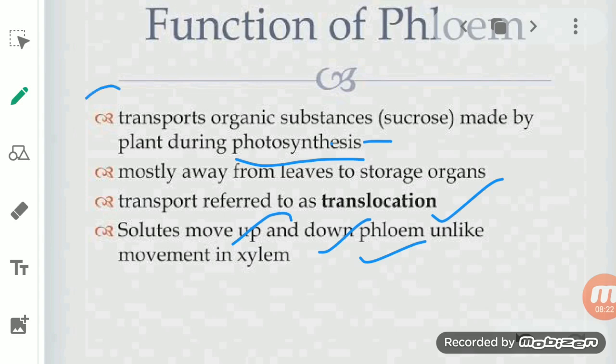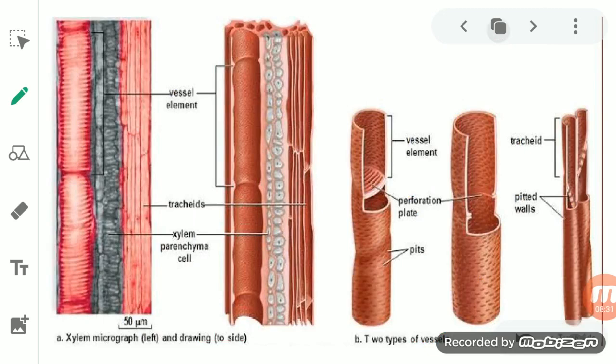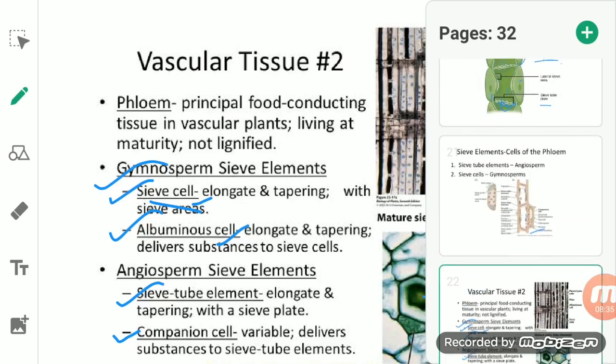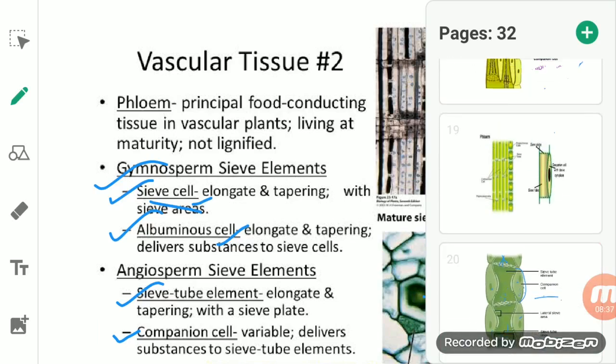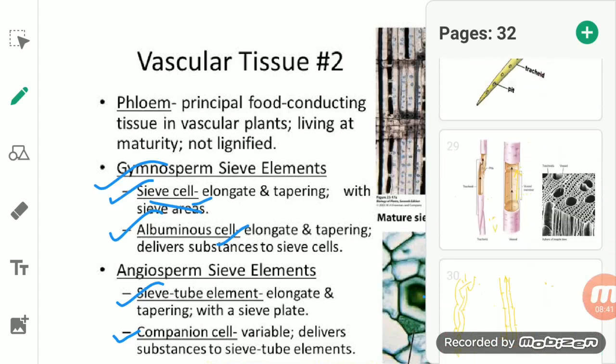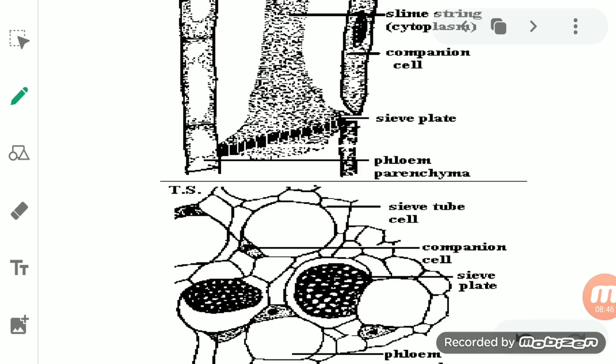Okay, so these are some of the important functions of the phloem. Now, like the xylem, students, phloem is also divided into two. Let me tell you. That is protophloem and metaphloem.